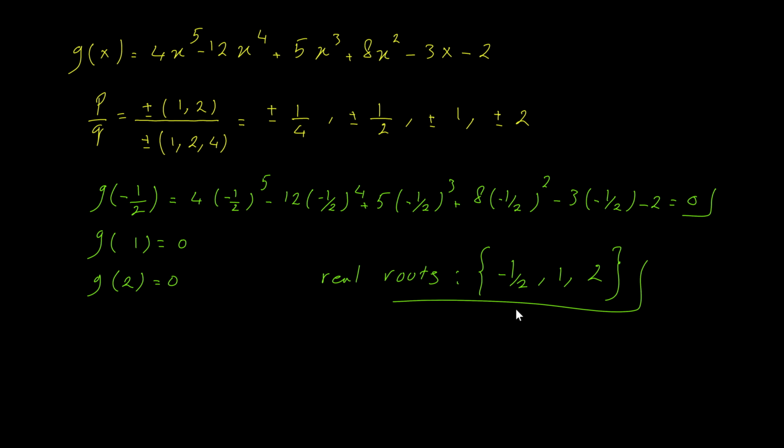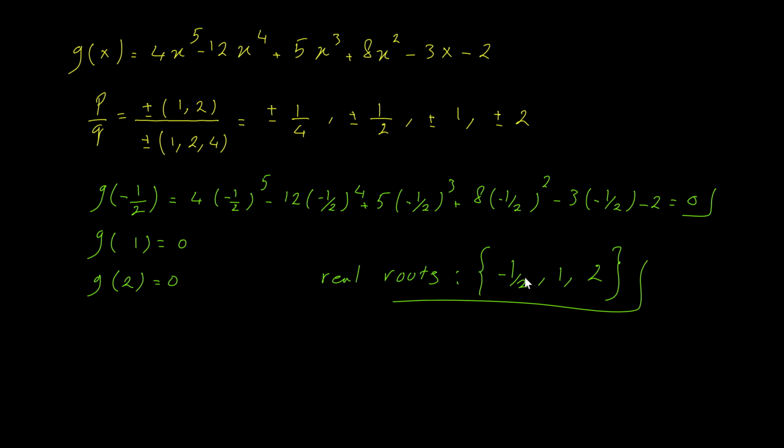So the next thing that we need to do is first factor out these roots from the polynomial, and then we will be left with a second degree function, and from that we can use the quadratic equation to find the other 2 roots.